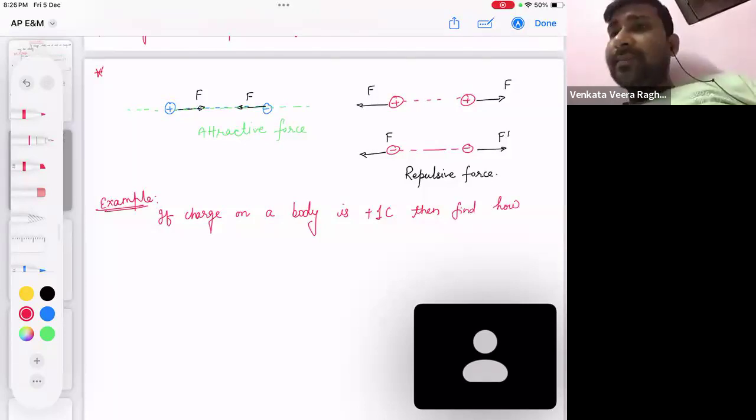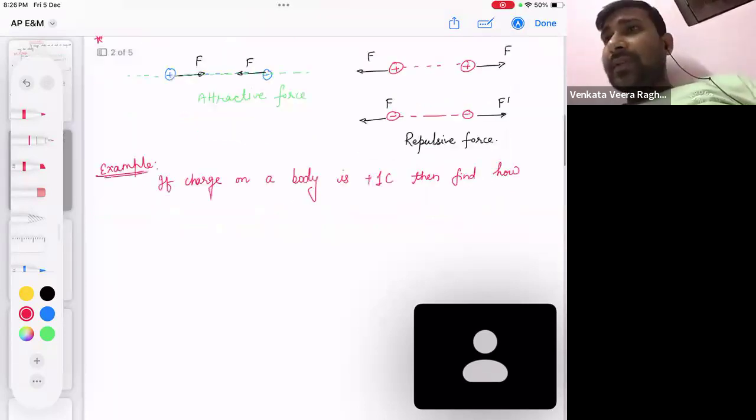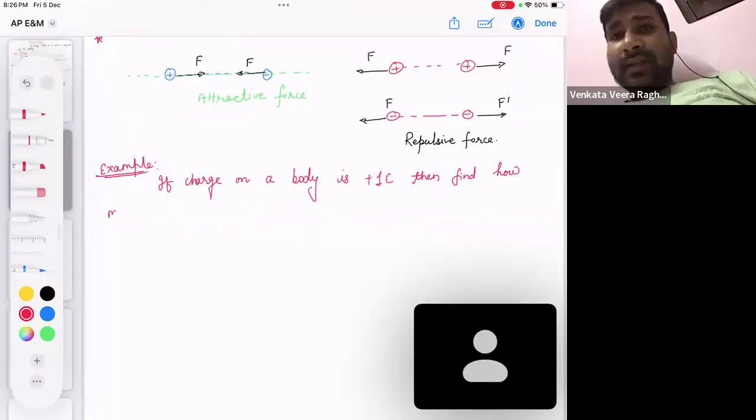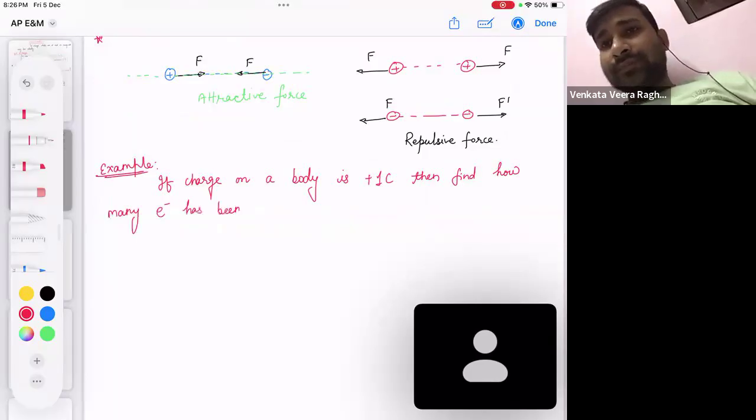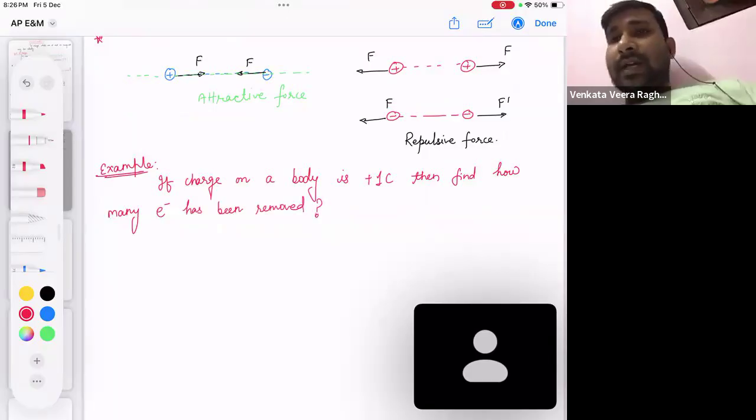I have created a positively charged body, so I must have removed some electrons. Then how many electrons have been removed from the body?